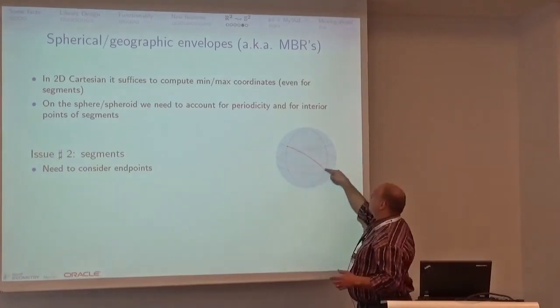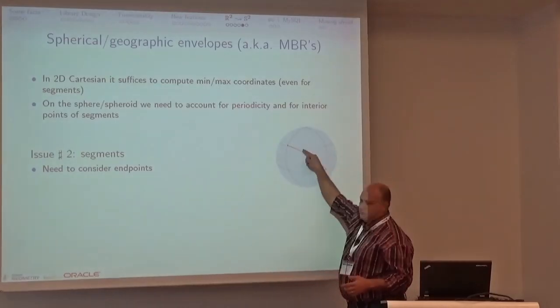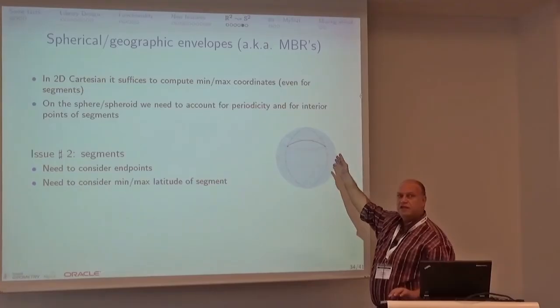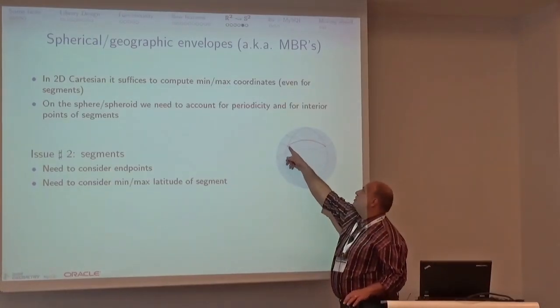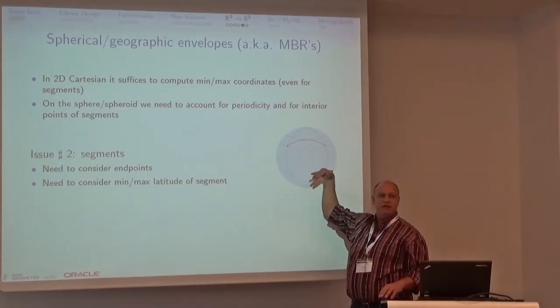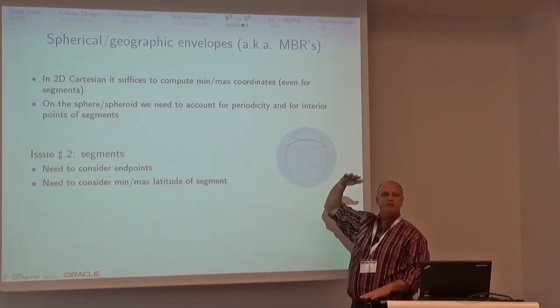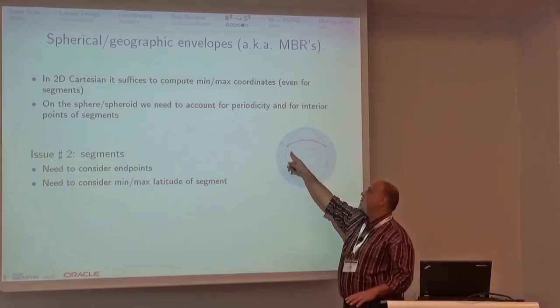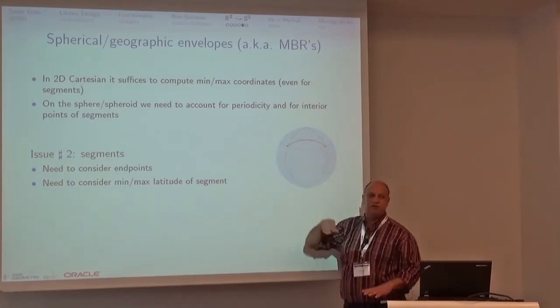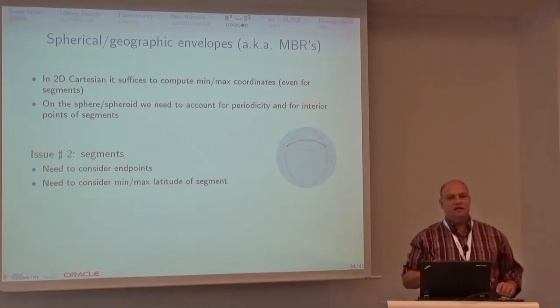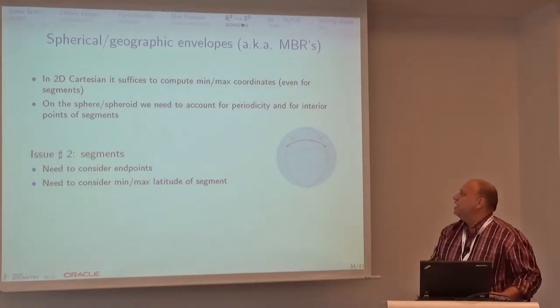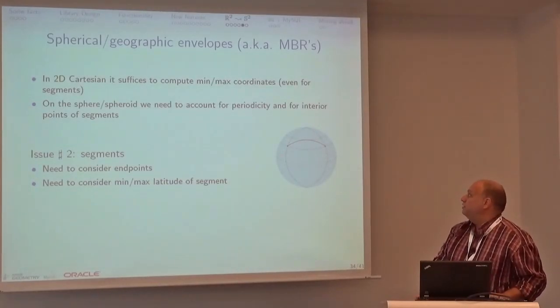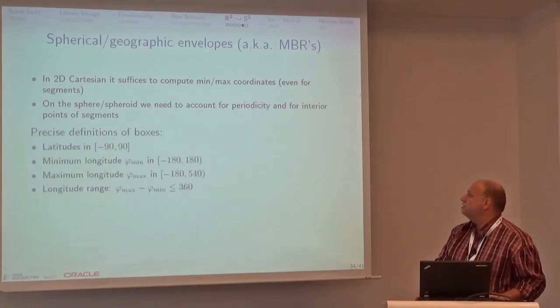This is a bounding box for this segment, but we have this other case, where in this specific example, the two endpoints lie on the same parallel, but the range of the latitudes of this segment is not just the range of the latitudes of the two endpoints. So we need to compute the latitude range for the entire segment. This is something we've done, and it's already implemented for these segments.